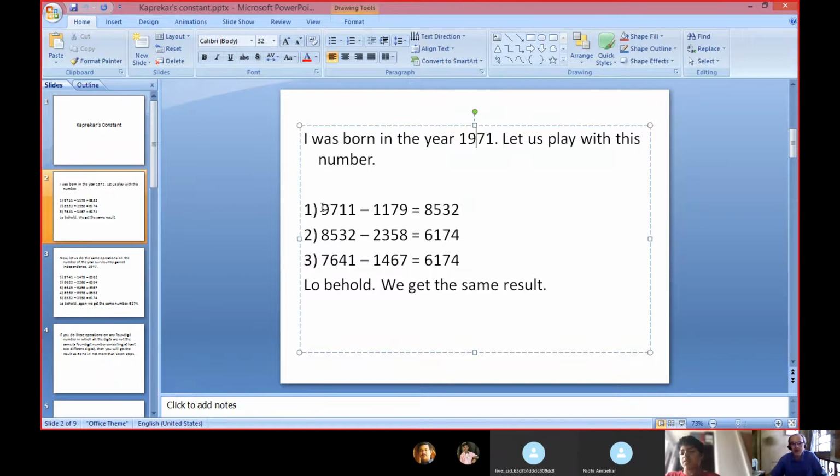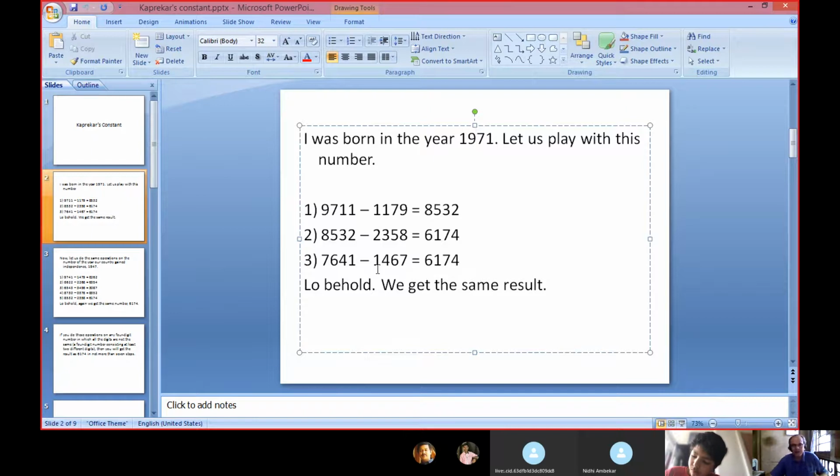Arrange these four digits in descending order and ascending order and subtract the ascending order from the descending order. So you get this new number. Again, use that new number, arrange it in descending order and ascending order and subtract. Go on repeating the process, and you will end up with 6174.